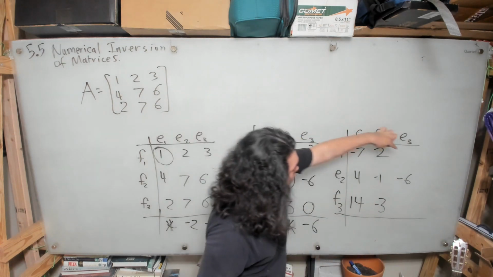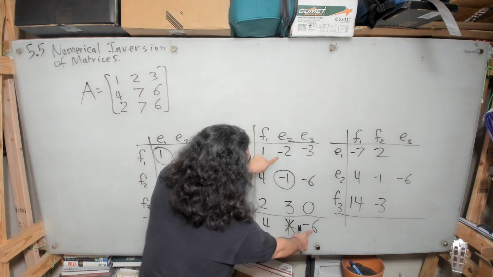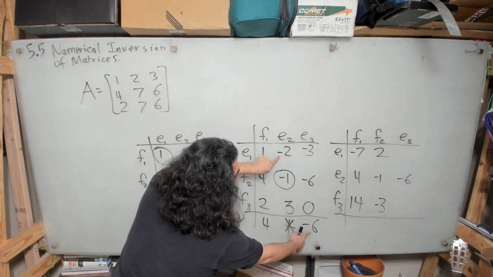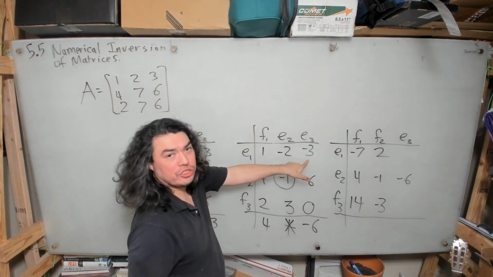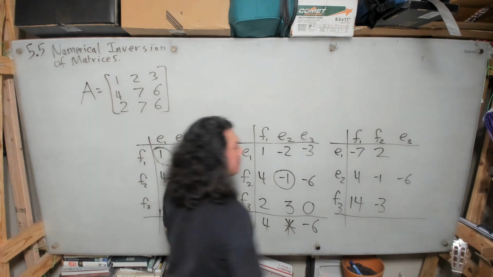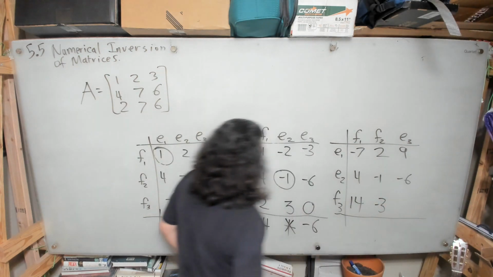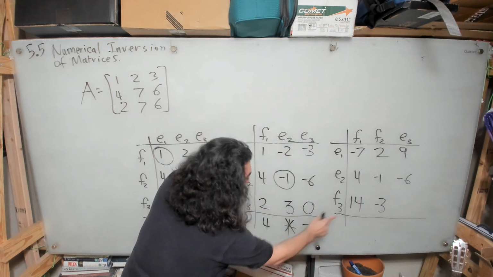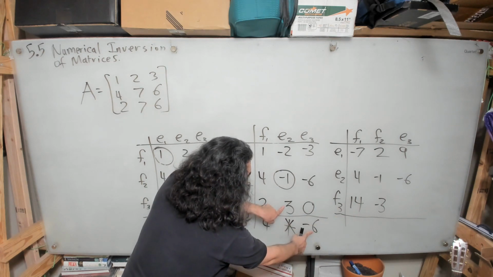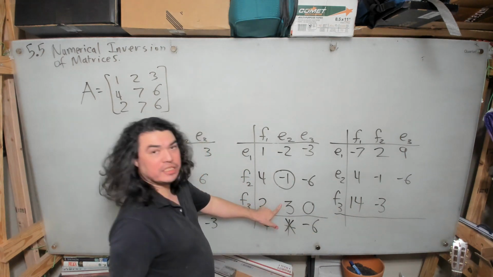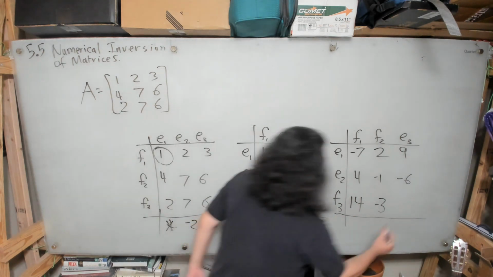What about this upper right hand corner? That's going to be -6 times -2, which is +12, minus 3, that's 9. And then this bottom right hand corner would be -6 times 3 is -18, plus 0 is -18.